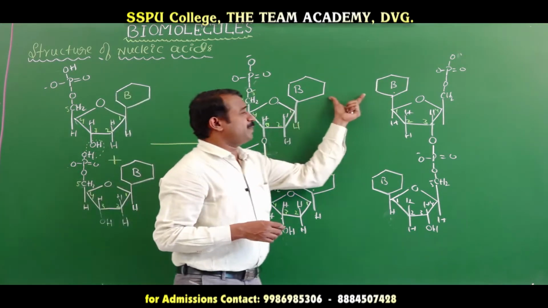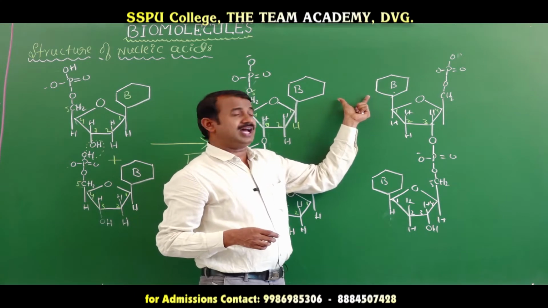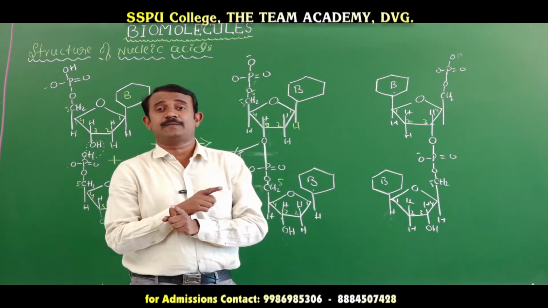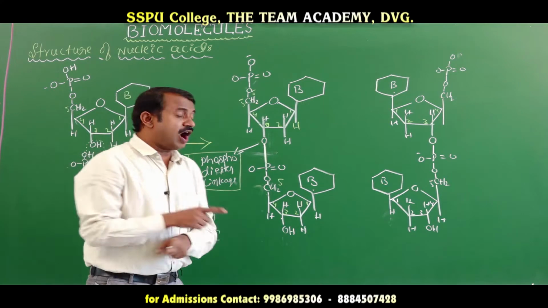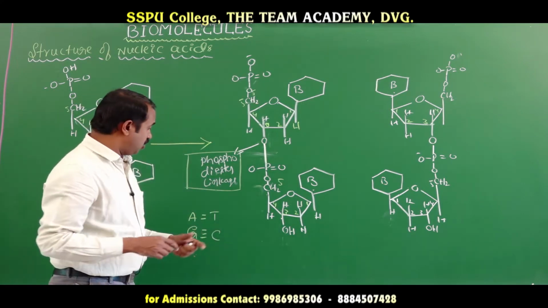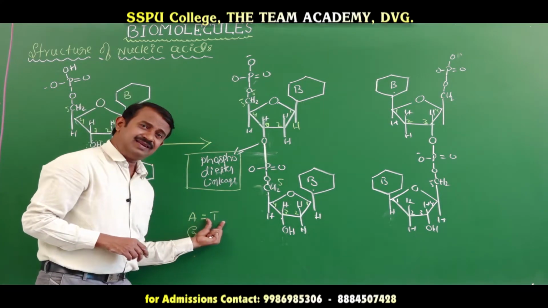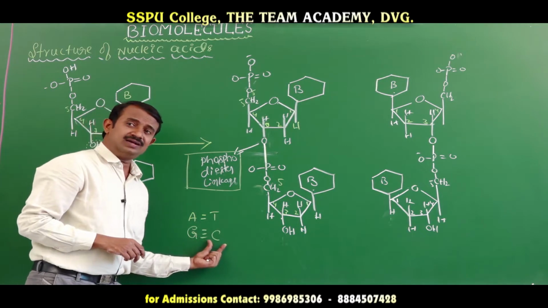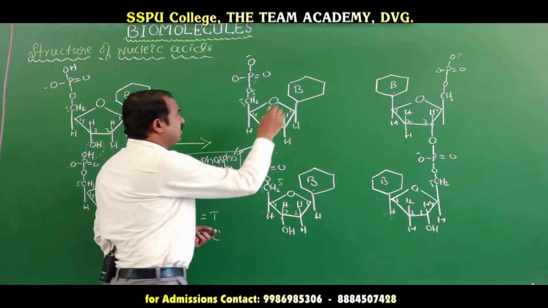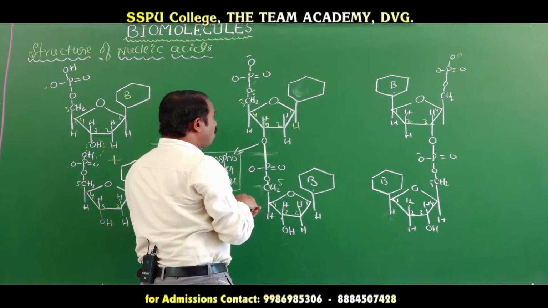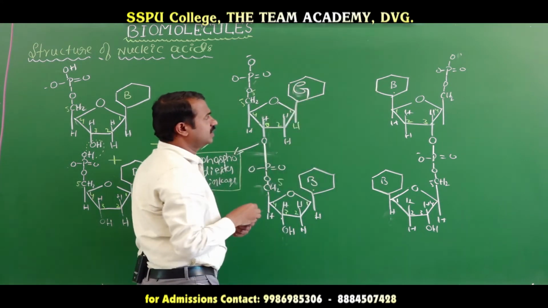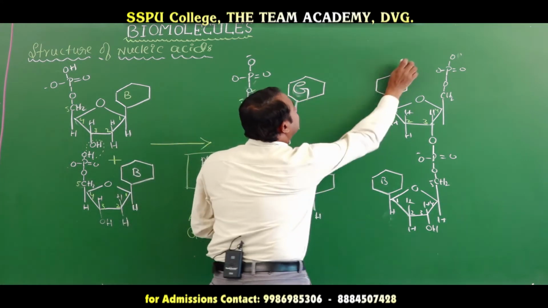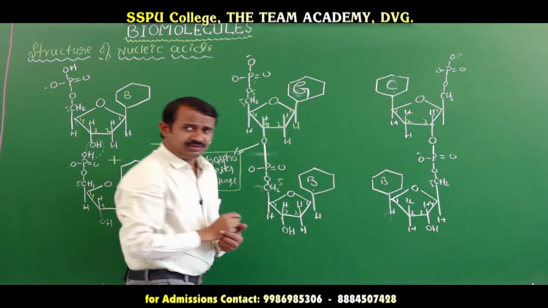The specific base pairs form hydrogen bonds, intermolecular hydrogen bonds, between adenine and thymine, guanine and cytosine. Suppose I take one guanine, then the other base here is cytosine.